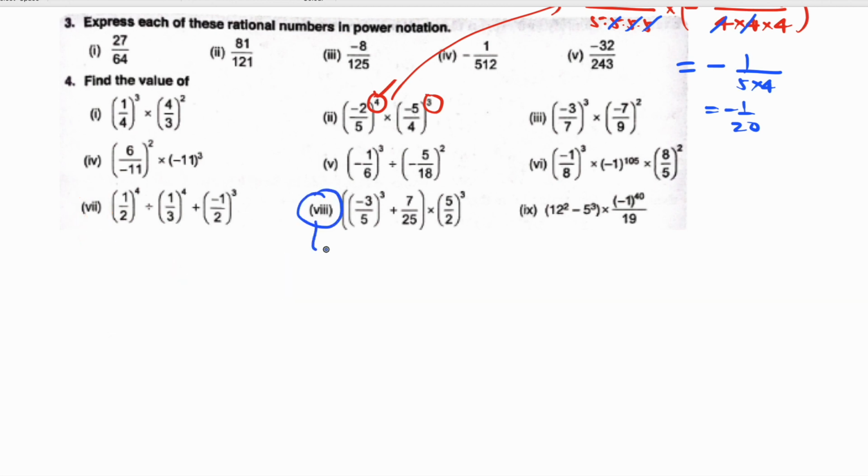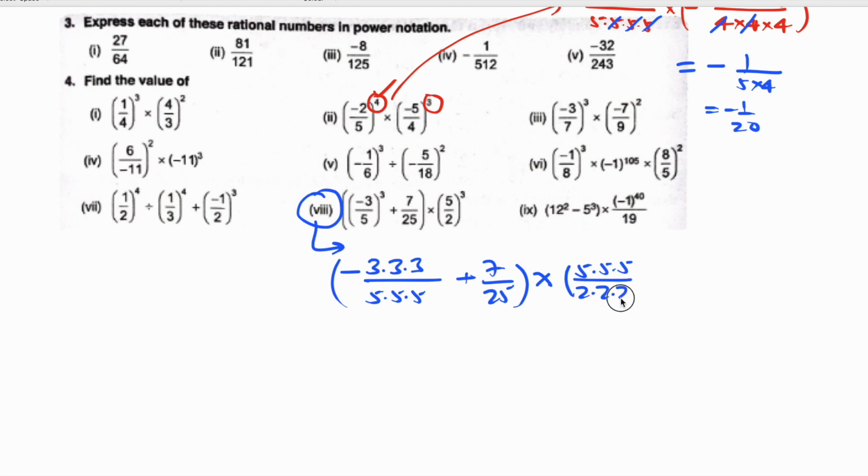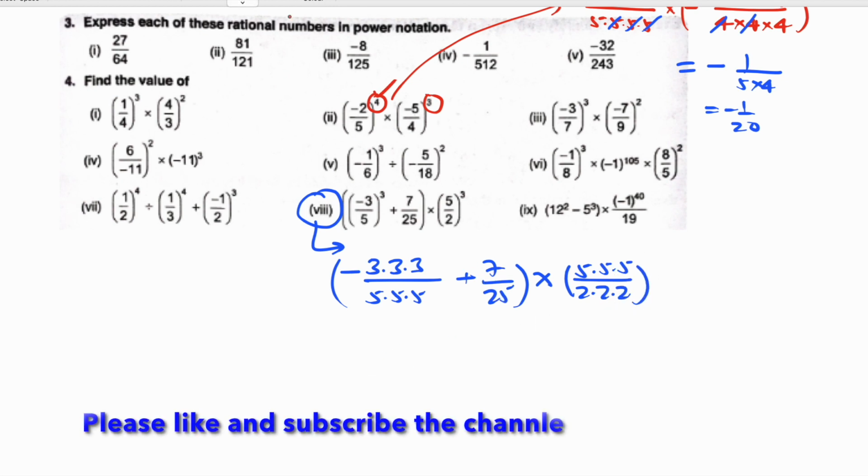Now this one. Here the power is odd. So take the negative sign outside. 3 into 3 into 3 upon 5 into 5 into 5, plus 7 upon 25, and this will be 5 into 5 into 5 upon 2 into 2 into 2. We can write like this. First make the denominator same. Here it is 3 times 5, this is 2 times 5. So first we multiply numerator and denominator by 5.